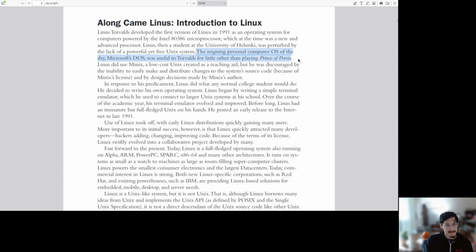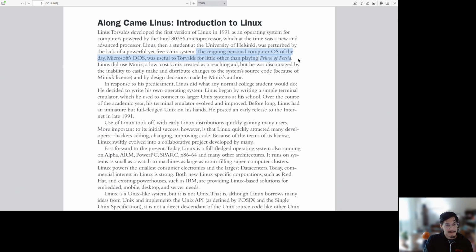In response to his predicament, Linus did what any normal college student would do. He decided to write his own operating system. Linus began by writing a simple terminal emulator which he used to connect to larger Unix systems at his school.